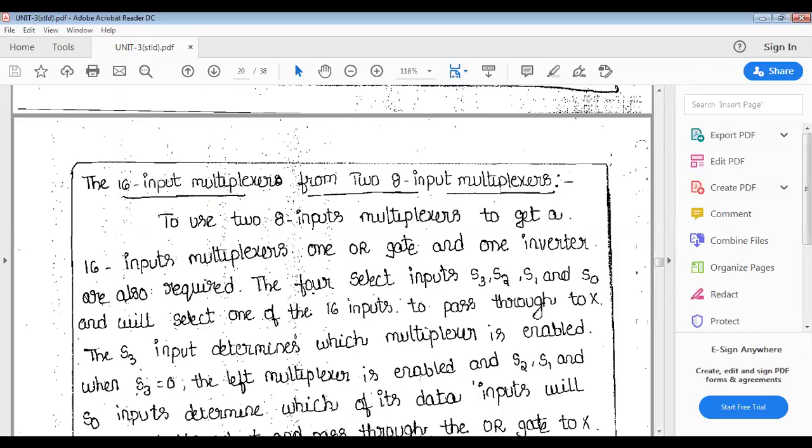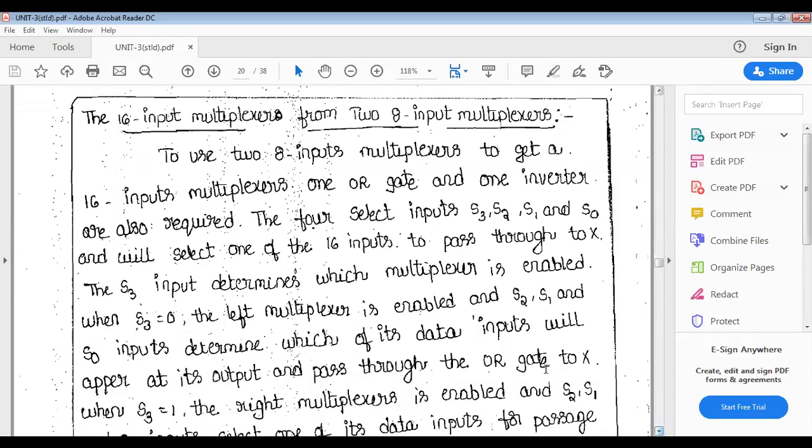You see, we use 2 8 input multiplexers to get a 16 input multiplexer. So the first 8 by 1 multiplexer has the D0 to D7, totally 8 inputs. And the second 8 by 1 MUX again has the D0 to D7, 8 inputs.